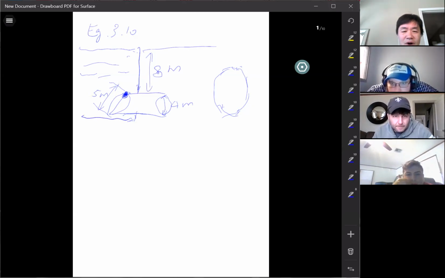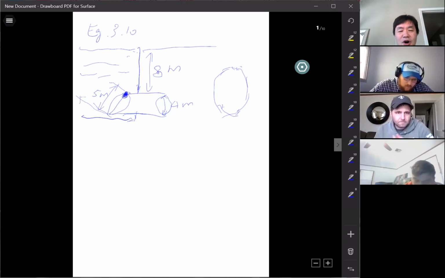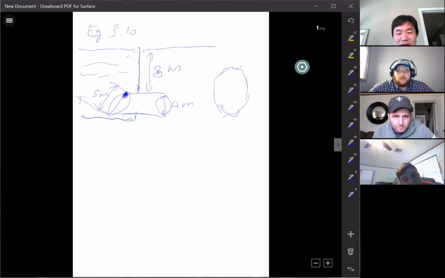So the gate is here, and the hinge is on the top. The gate will open this way, right? So you need a force to open it. Without applying a force, the gate will be fully closed. That's why we cut it with the angle. It's never going to go inward.